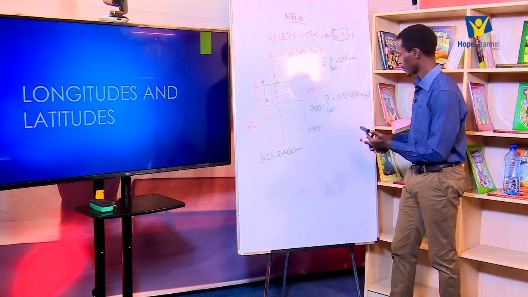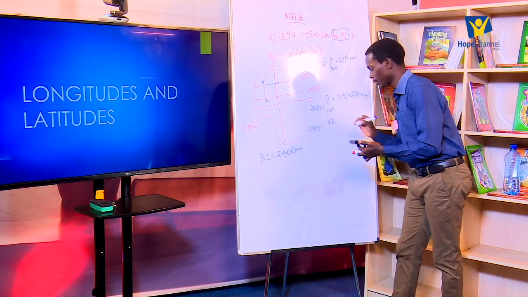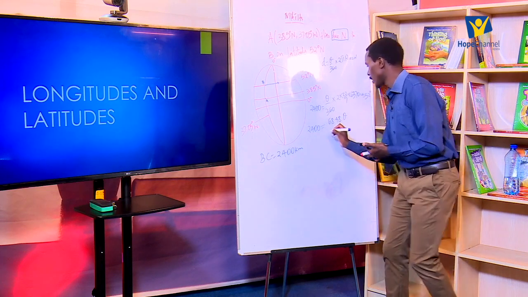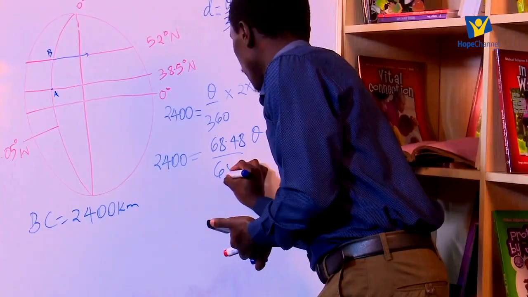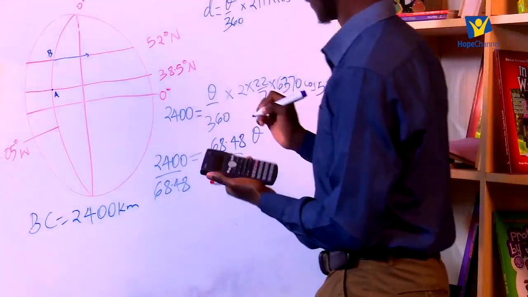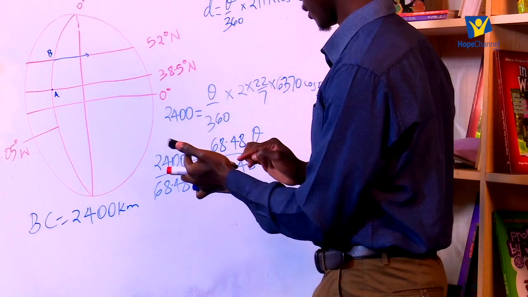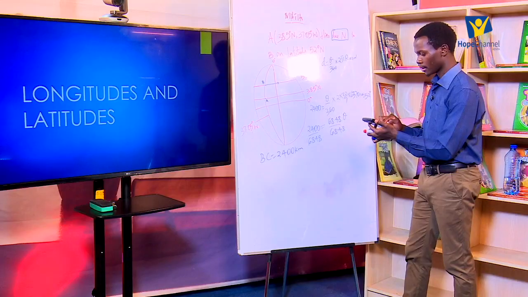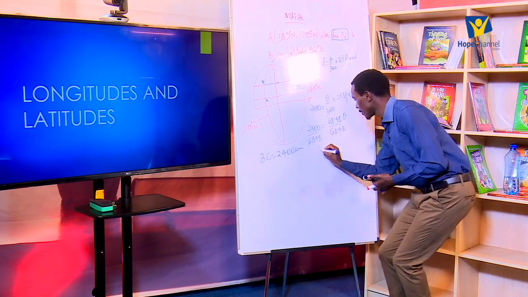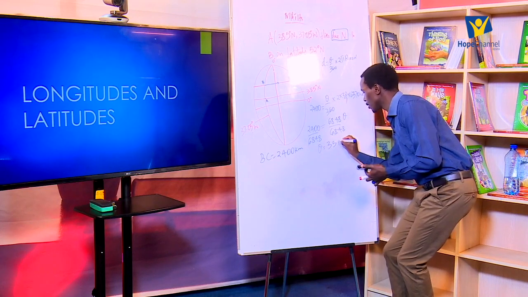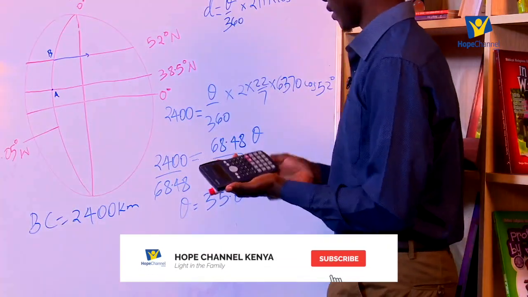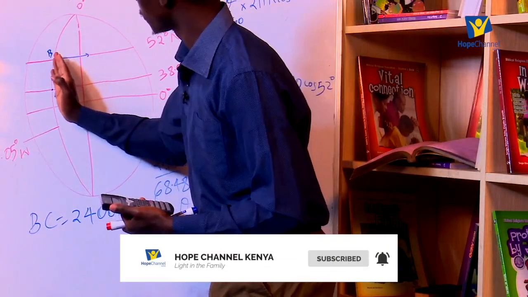That gives us 68.48 theta. So to get theta, we are going to divide 2400 by 68.48. So what do we get? 2400 divided by 68.48. That gives us that theta is equal to 35.05 degrees.